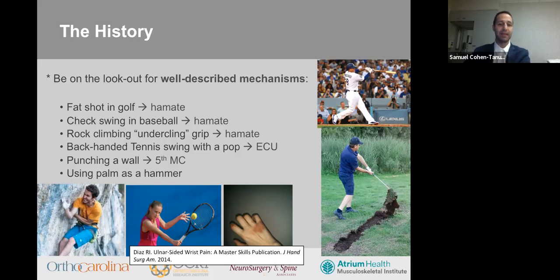A backhanded tennis swing leading to a pop and immediate pain could suggest ECU pathology. Punching a wall, we've all seen this on call, often associated with 5th metacarpal fracture, and using a palm as a hammer either to drive a dowel into wood or open your beer bottle, hitting the bottle against a table, could lead to hypothenar hammer syndrome.